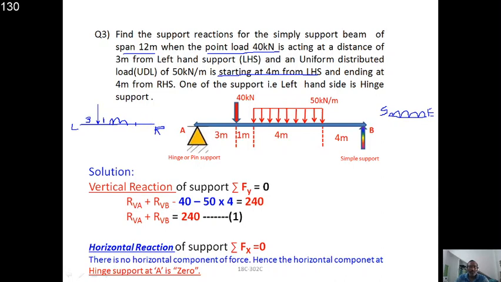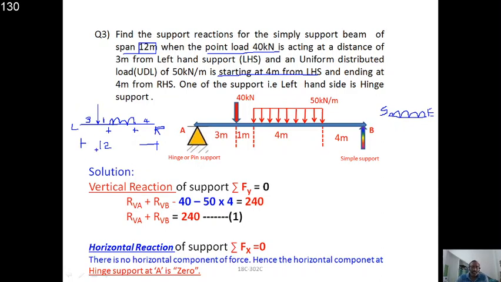So if I mark a 4 meter distance here, it is coming up to here. So this distance is 4 meters. The total span is how much? It is given 12 meters, right? So therefore the total is 12 meters. So I need to figure out this distance now. What is the UDL occupied length now?